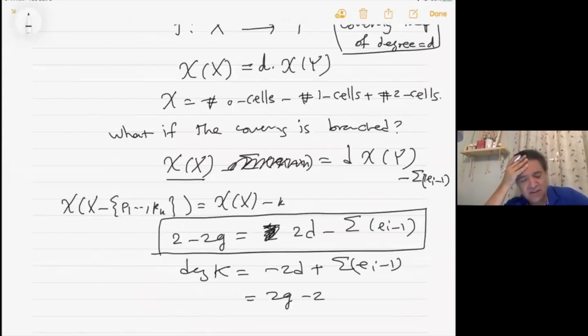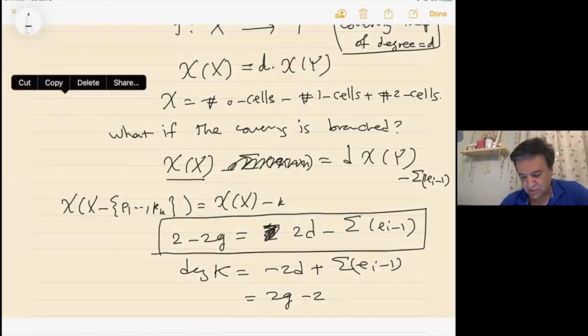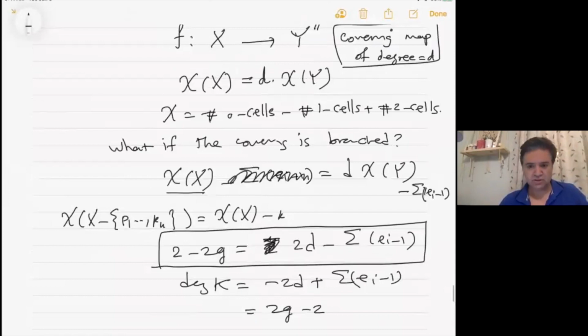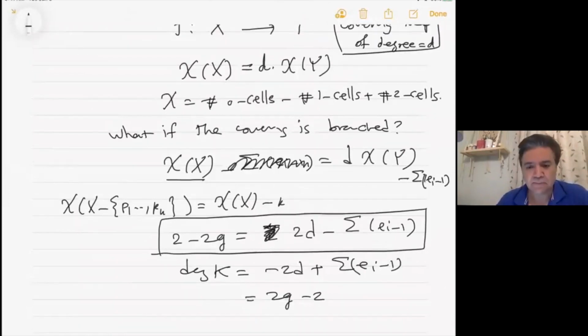So what I was trying to say, I don't know if I was successful in conveying the idea, is that the Riemann-Hurwitz formula alone will suffice to prove that the degree of the canonical divisor is 2g minus 2. And you don't really need the Riemann-Roch theorem.